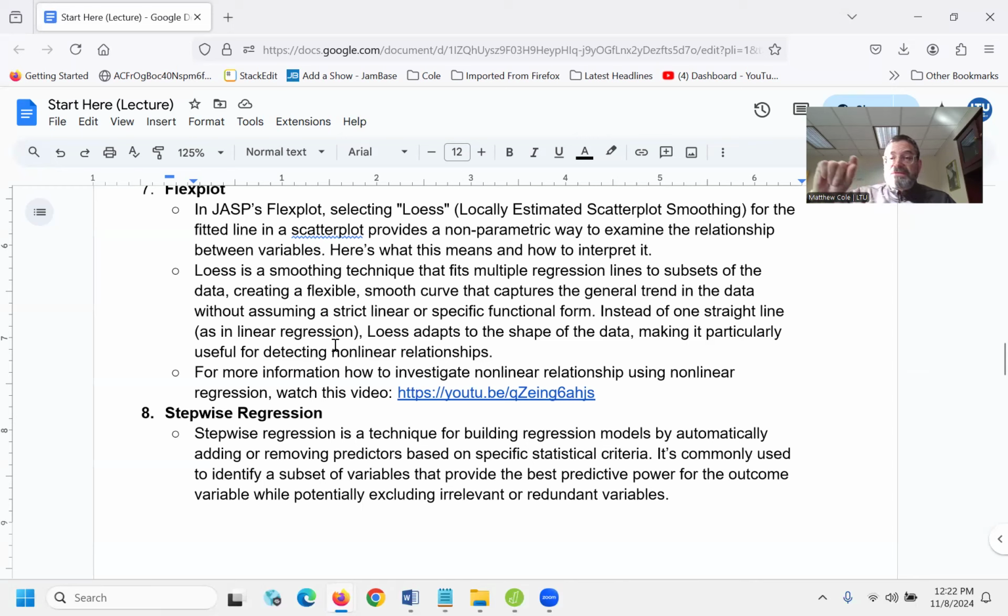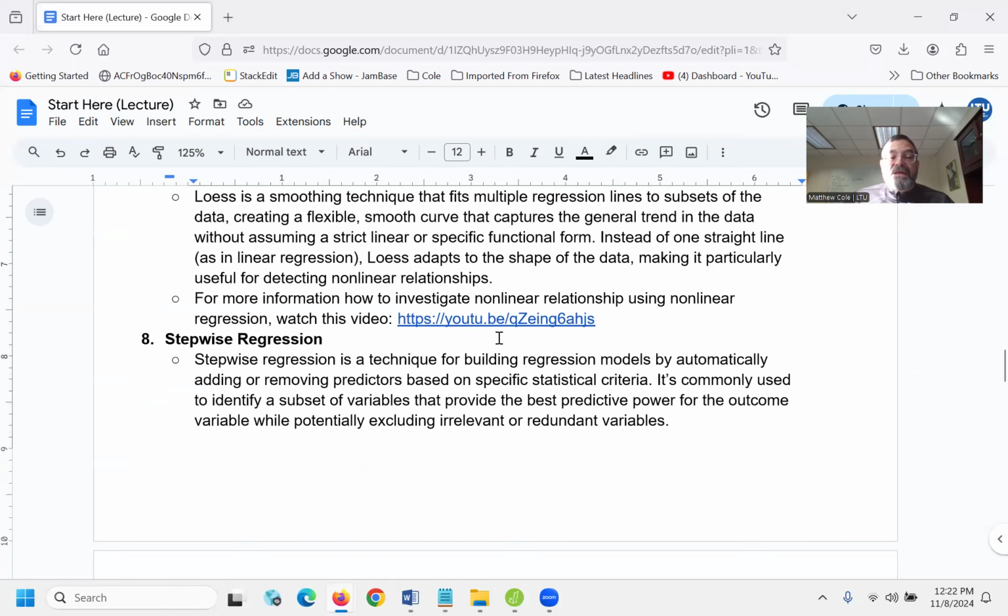If linear is a straight line, nonlinear might be a curve, it might be a U, it might be an S. All of that is what we call nonlinear. I'm not having you do that in this lecture, but here's a great video that I recommend if you want to learn more about how to do it. It's really not that complicated.